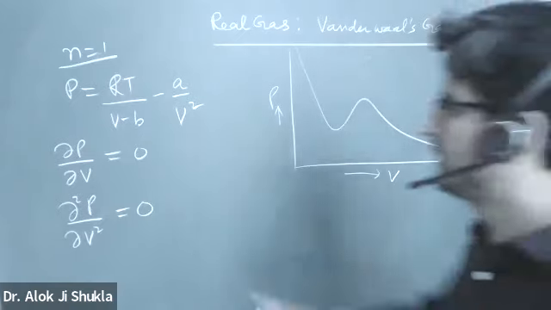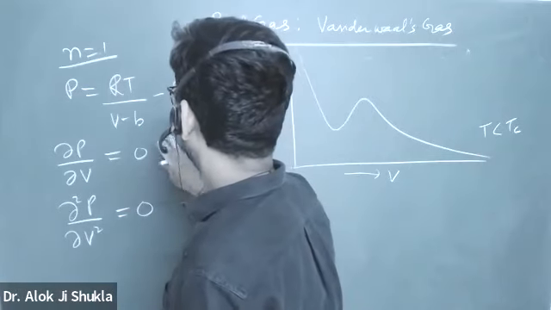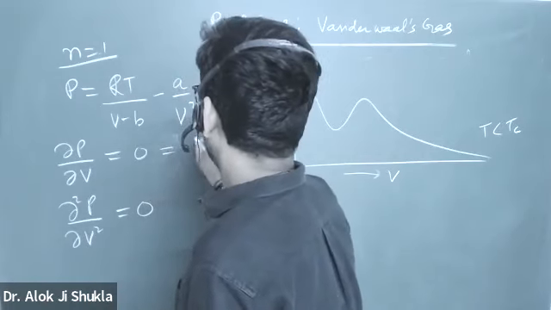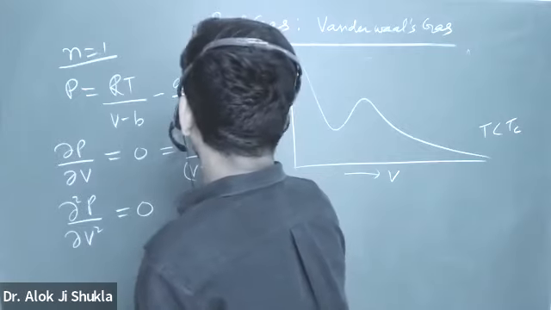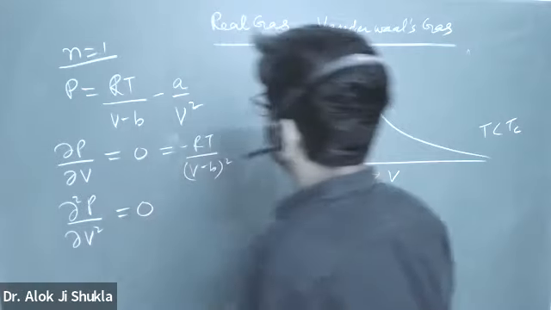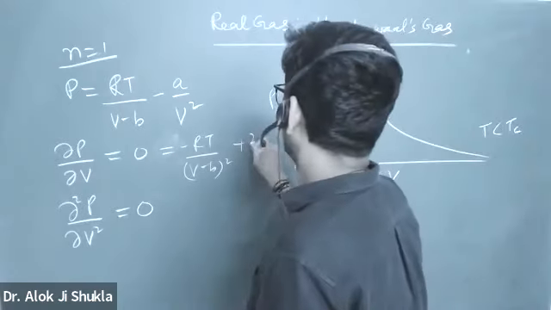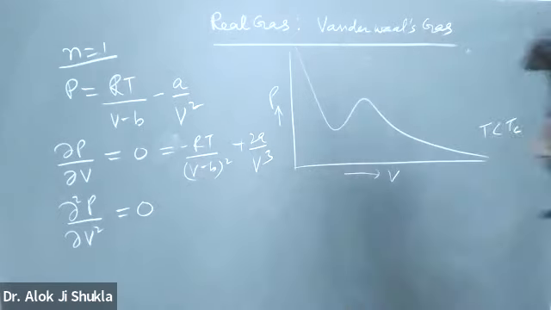Like if you differentiate this one, what will you get? Del P by del V, what will you get? Minus RT by (V minus b) squared, and this one plus 2a by V cubed. This is the first derivative.